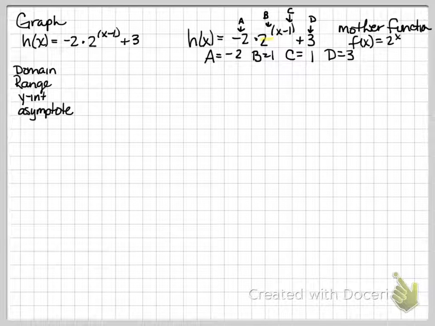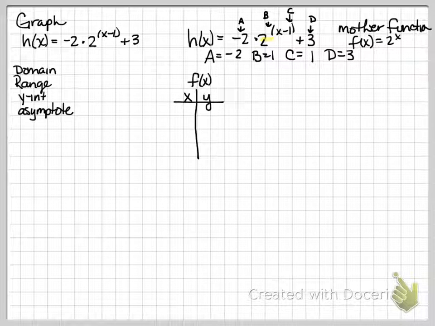Now once we have our a, b, c, and d, we now need to start finding our points. Now the difference between our equations now, or our graphs now, and our graphs in Unit 1 is I'm not going to give you your starting points. You need to find them. So we need to graph f of x. We need to find our starting points for f of x, our mother function.